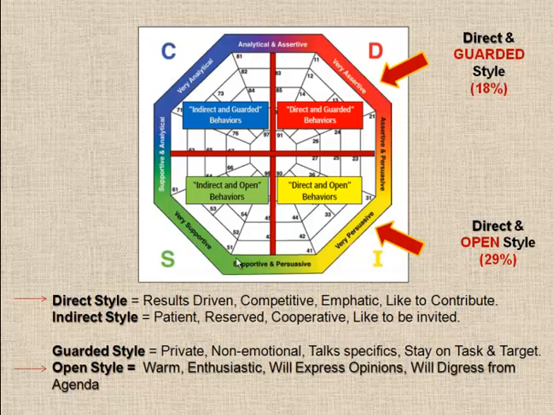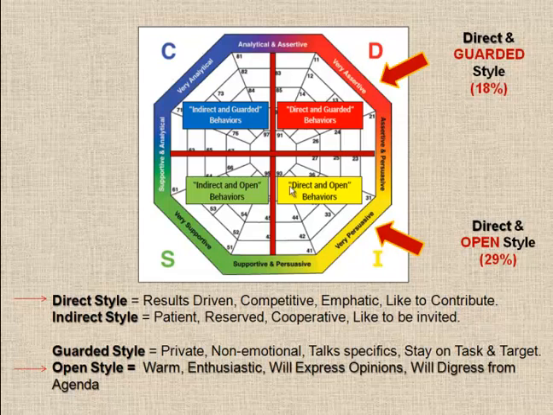If I plot down here in the lower right-hand quadrant, 29% of the world plots down here. These people are very direct, like these people are up here, but they're very open. These are the very friendly, the outgoing, the sales type people, the real smiley, friendly, open.